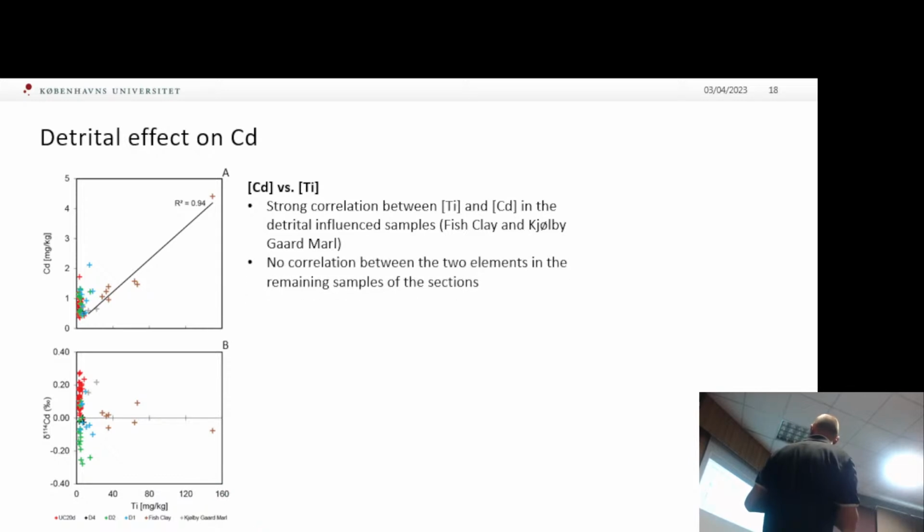But we have no correlation in the carbonate samples. And the detrital fraction, the detrital cadmium fraction, is actually less than 0.2%.